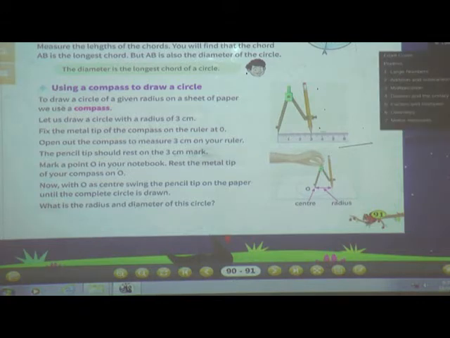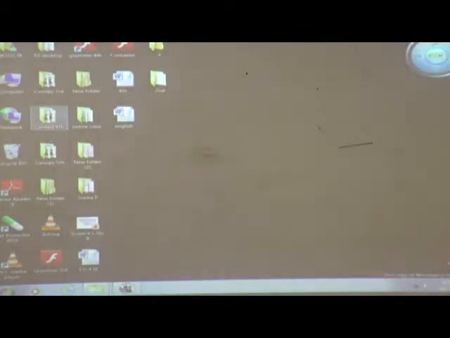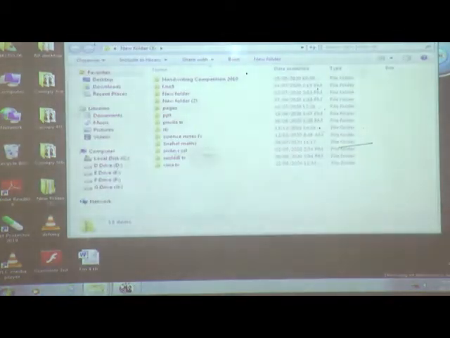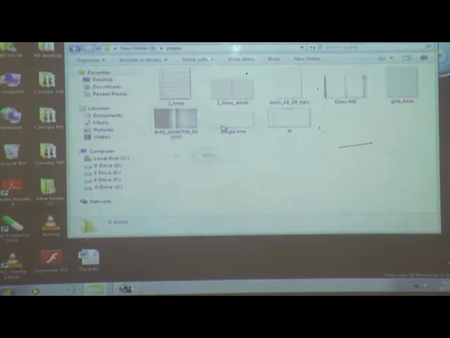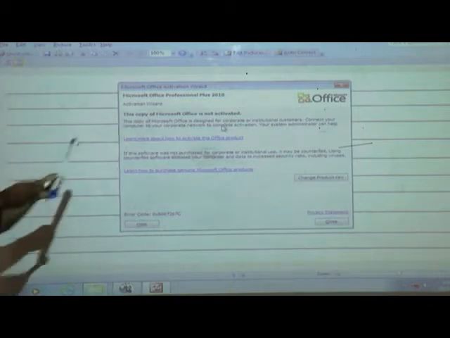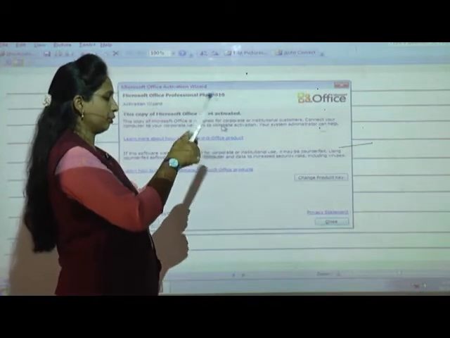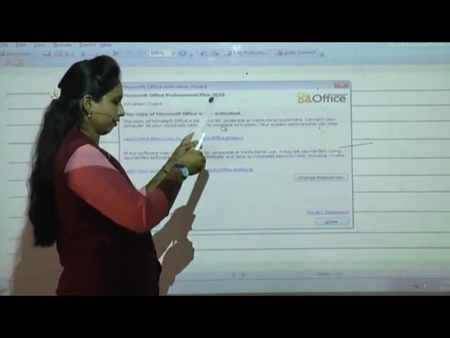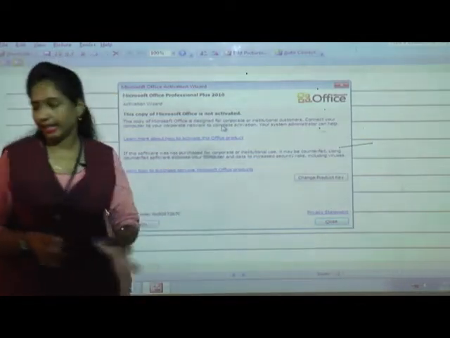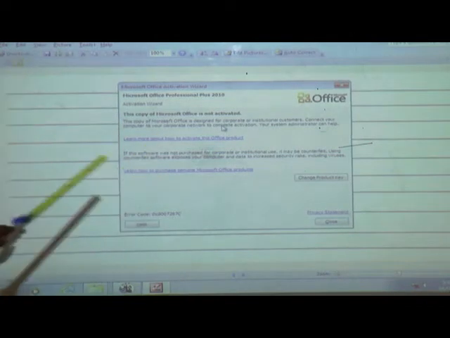Now, we will draw. See, this is a compass. You have to fix your pencil, and they said 3 centimeter as a radius.